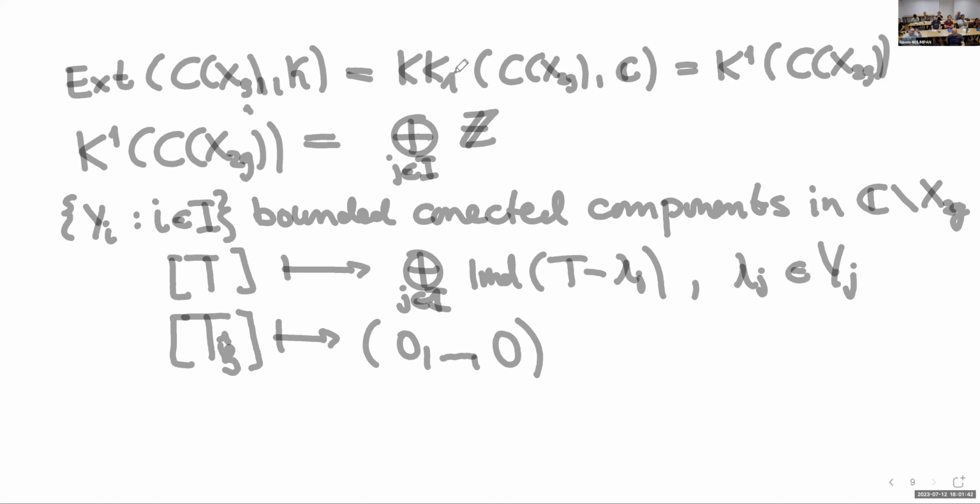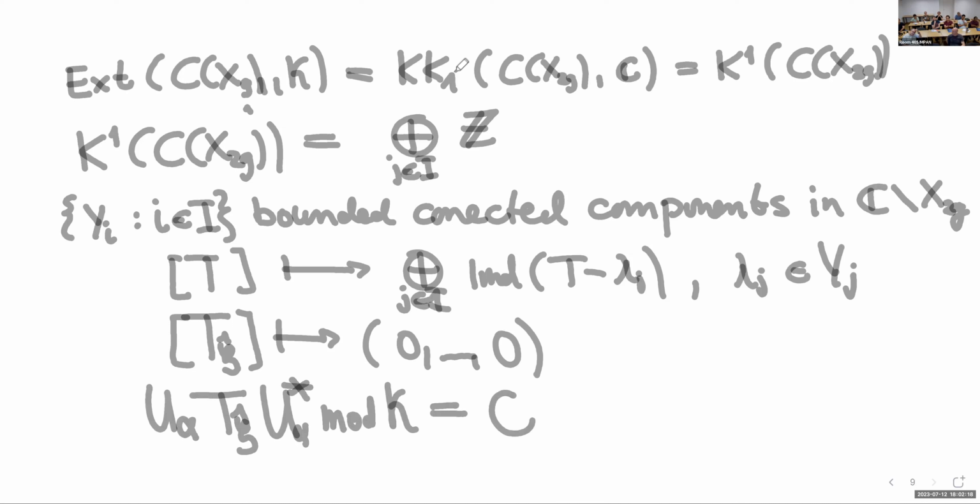So there's a U alpha T U star, my generator, which is, up to compacts, mod compacts, I can take here the direct sum of p_j times shift, j equal to 1 to however many circles I have.